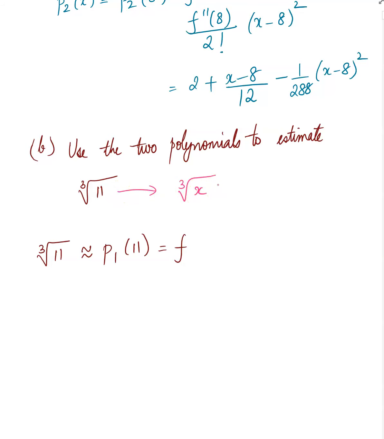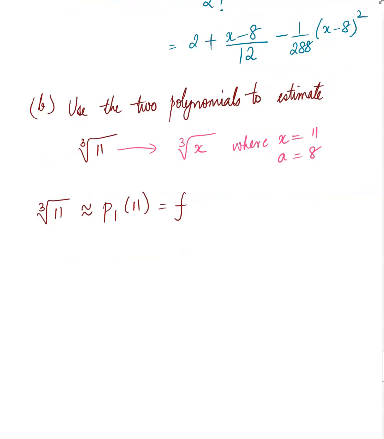And in this case, your x is 11 and your A is 8. It's the same problem, so we're starting with part B. So x is 11 and A is 8. So you no longer have the x factor to keep it as a variable. Now we have a specific value for x. Okay. All right.